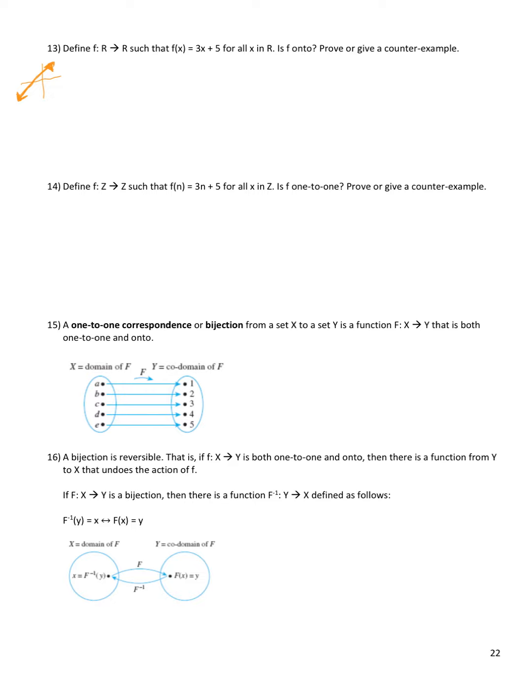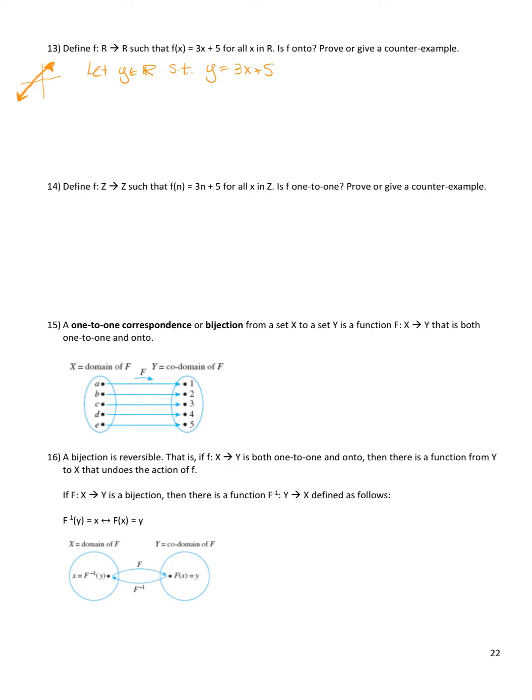But a more formal proof would use the formal definition. So I need to let y be an element of the reals, an element of the codomain, such that y equals 3x plus 5, right?